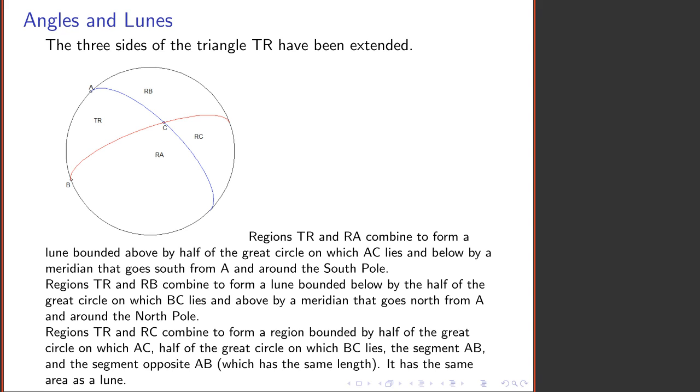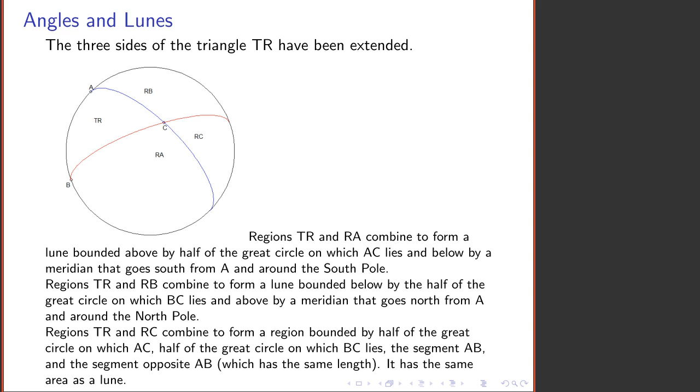In spherical geometry, that's not true, and the area enclosed by two lines, that is, two great circles of spherical geometry, is a loon because it's kind of the shape you see of the moon when it's somewhere in between new moon and full moon. So let me identify the loons on this diagram.